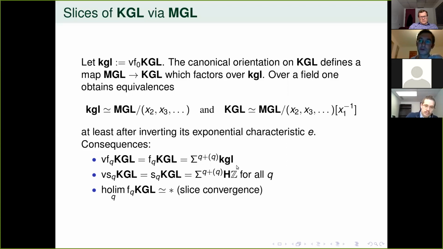So in some sense, the filtration is very simple in this case. And since the very effective filtration is a Hausdorff filtration, we get a convergence statement here. This is in some sense almost for free. So the homotopy limit of the q-th effective covers is the same as the homotopy limit of the very q-effective covers, and this is contractible.